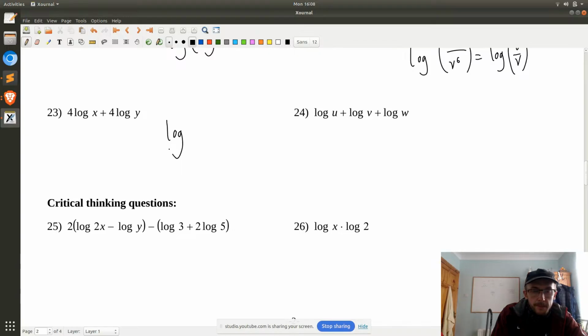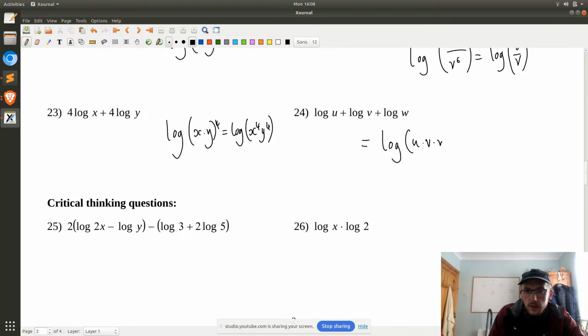This one of x times y to the 4 is sometimes written like that, or it could be equivalently written like this. That's all the same. And this one is u times v times w.